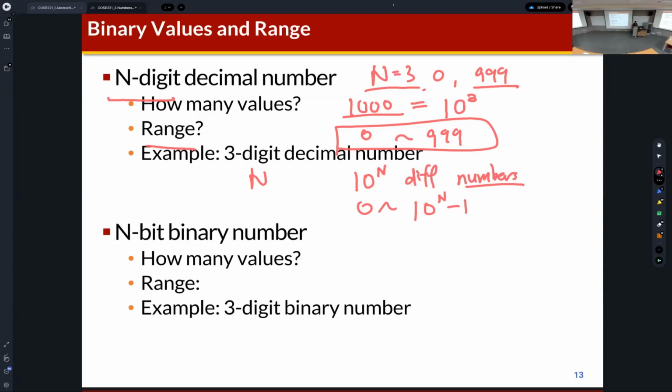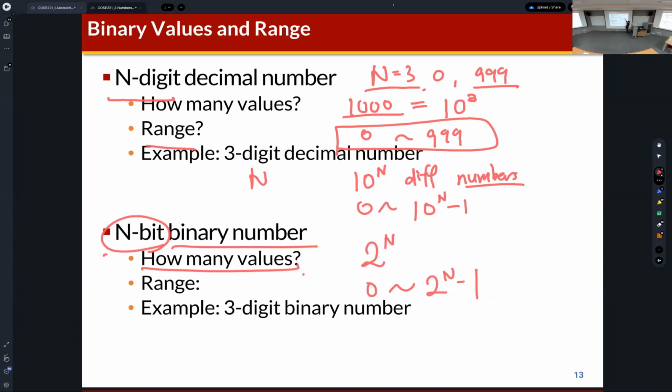So if we use n bits of a binary number, then how many values? It's the same. If we use n bits, then we can represent 2 to the power of n different numbers, right? And then the range is 0 to 2 to the power of n minus 1. It's the same as the decimal number.